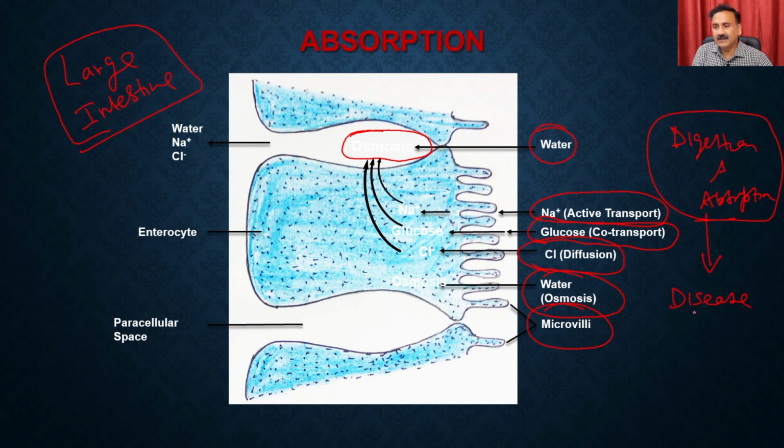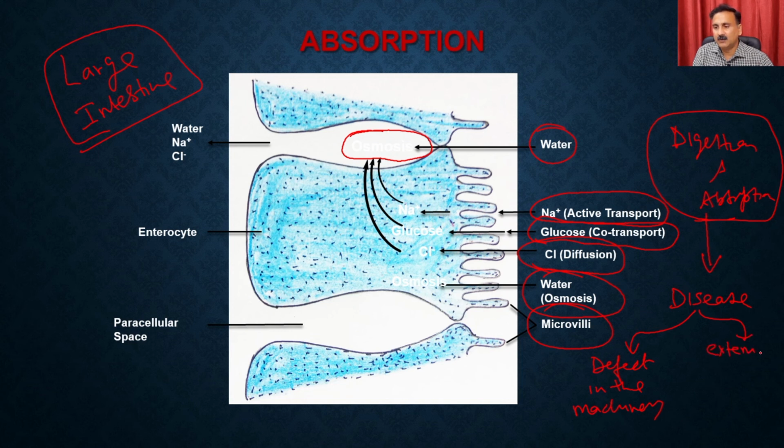These diseases could be due to a defect in the machinery, or it could be a defect in the machinery caused by external factors.